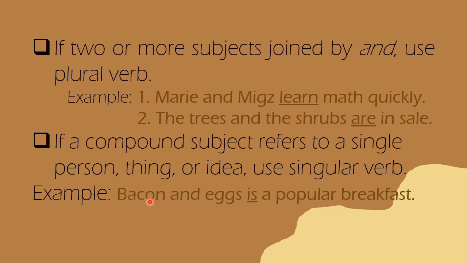Since bacon is partnered with eggs, these subjects refer to a single menu, which is the bacon and eggs. So we are going to use the singular verb is. So bacon and eggs is a popular breakfast.